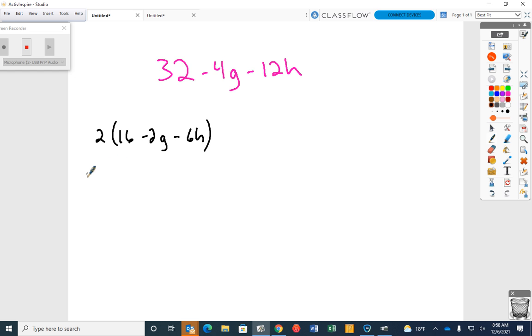If I took this 2, I already have a 2 out here, so I multiply it by the new 2. Okay, I'm going to take a 2 out. 2 times what is 16? 8. 2 times what is negative 2g? Negative g. And 2 times what is negative 6h?